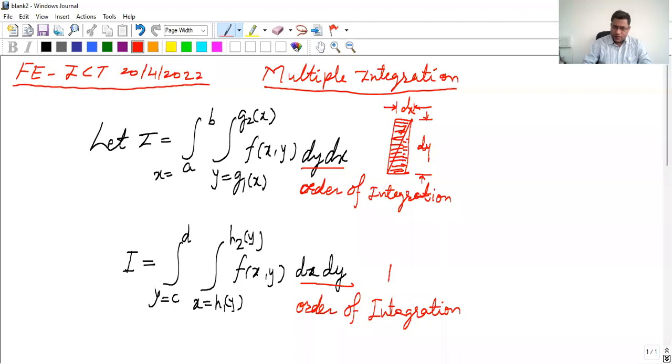Now the strip under consideration is the horizontal strip.